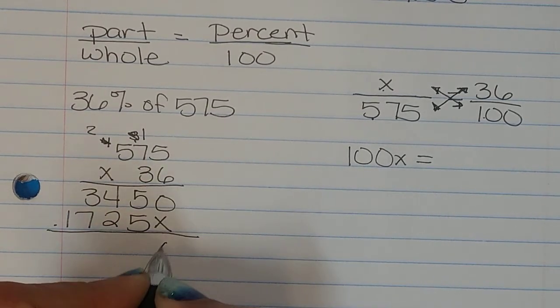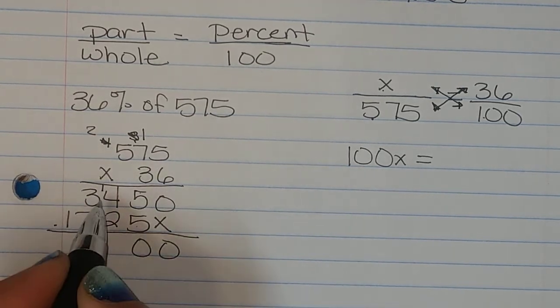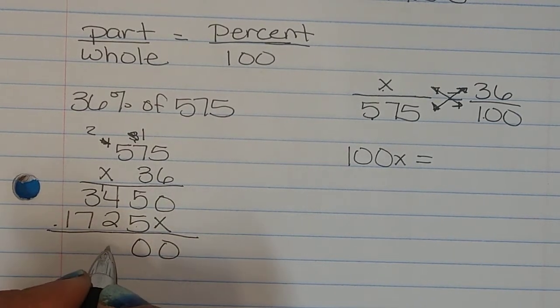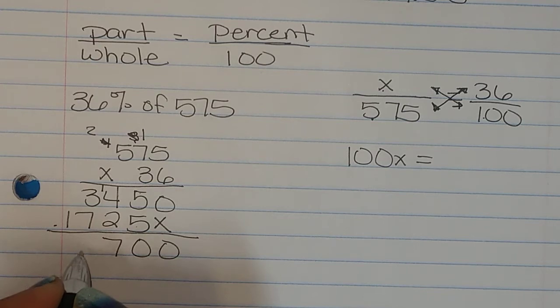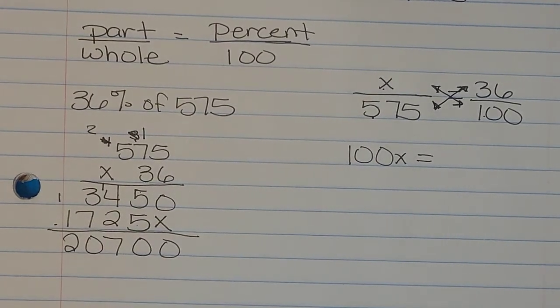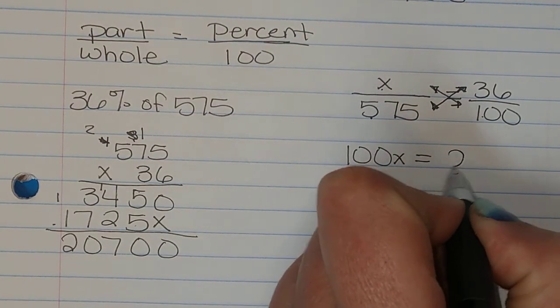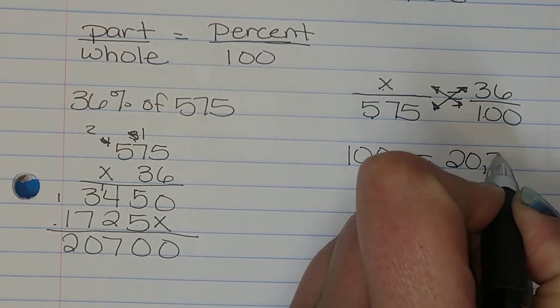0 plus nothing is 0. 5 plus 5 is 10. 0, regroup the 1. 1 plus 4 plus 2 is 7. 3 plus 7 is 10. Regroup your 1. 1 plus 1 is 2. So 100x equals 20,700.